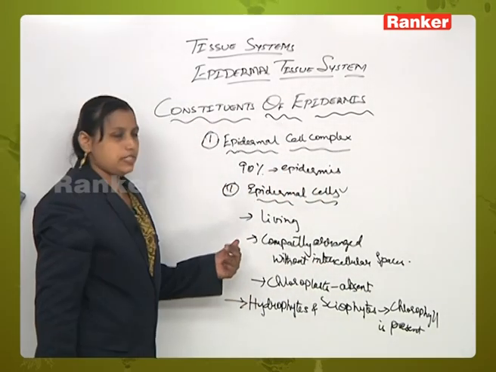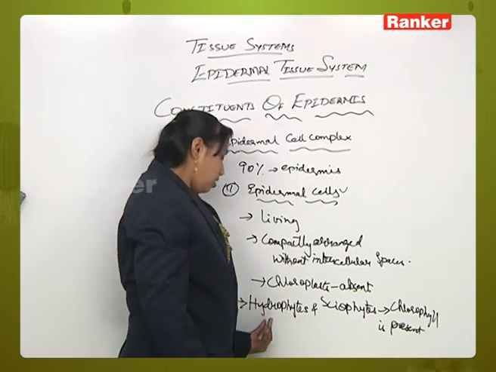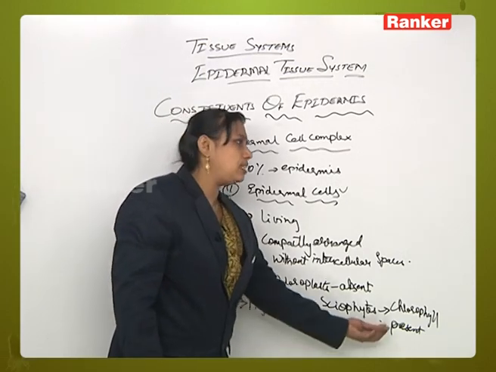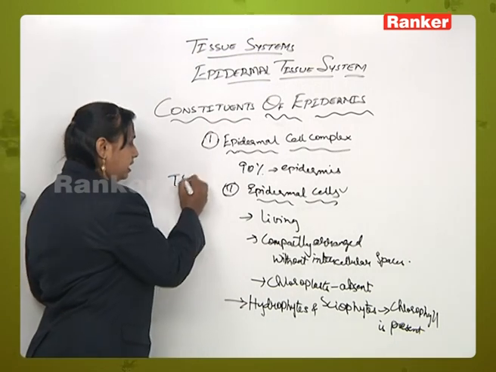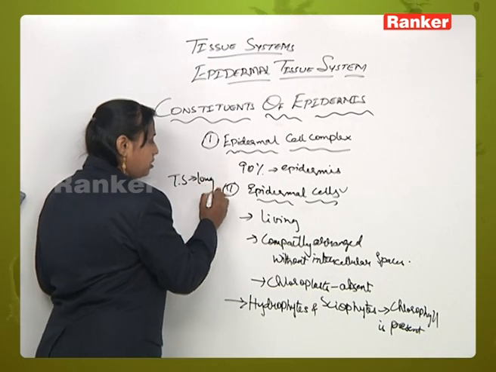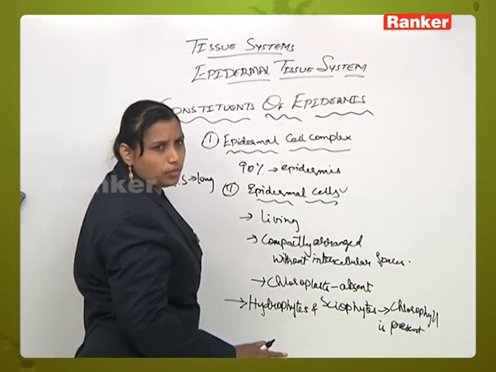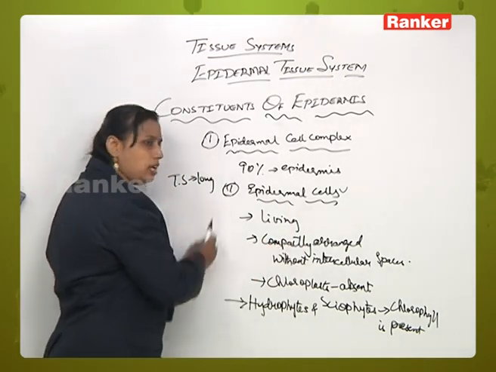Normally we don't see the presence of chloroplast and chlorophyll in the epidermal cells, but in rare cases like hydrophytes and geophytic plants you will see the presence of chlorophyll. And in a transverse section, TS, the epidermal cells are present in the form of long cells. When we see the transverse section of epidermal cells, you will see all the epidermal cells occurring in the form of long cells.